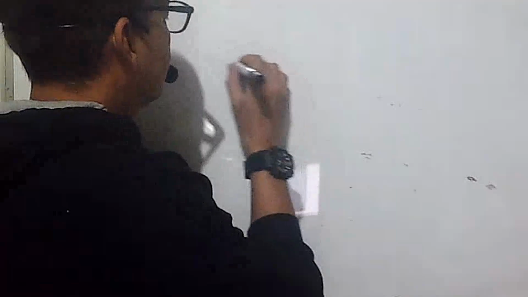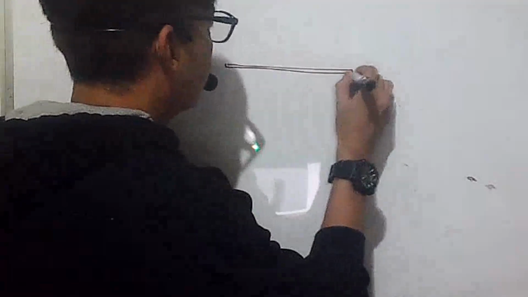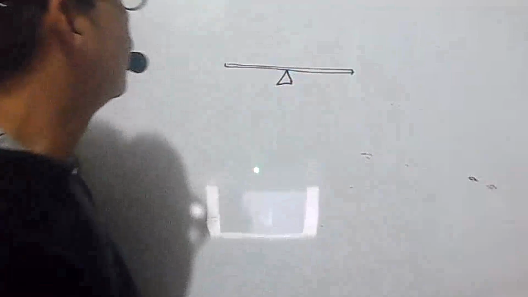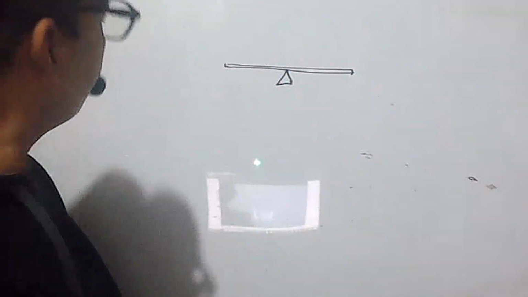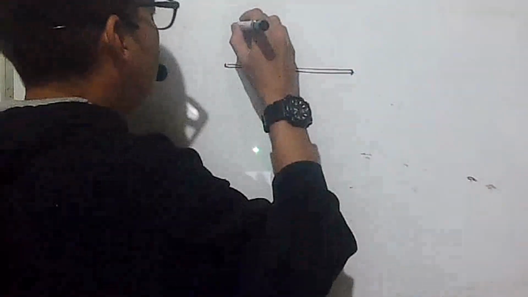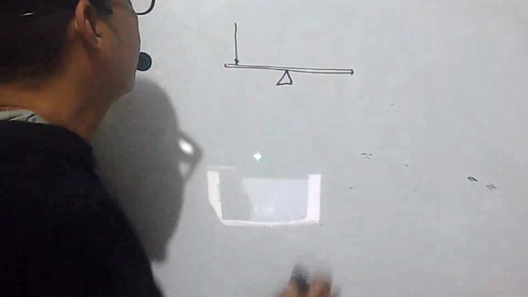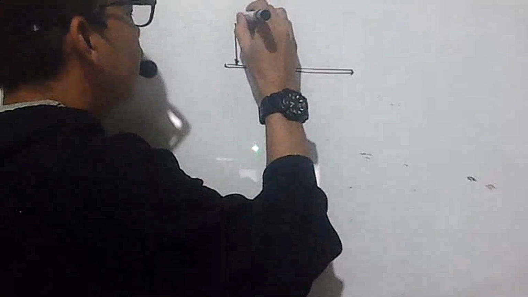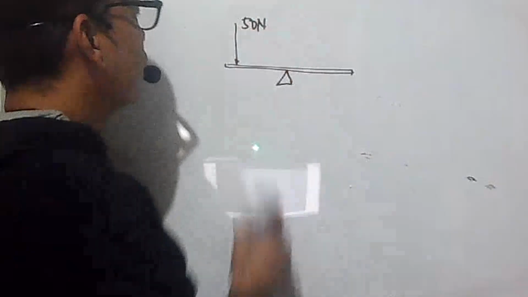Let's try a seesaw. Let's say you have a seesaw here. At the left side of your seesaw, the fulcrum, you exert a force downward of, let's say, again, my favorite number, 50 newtons.